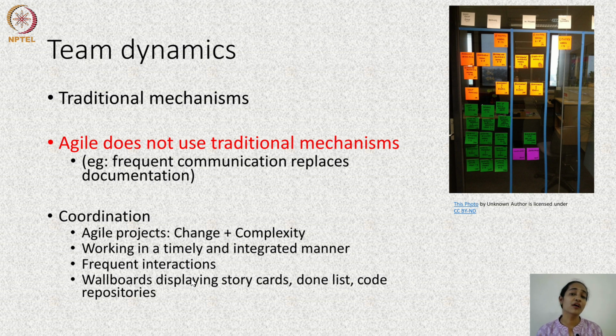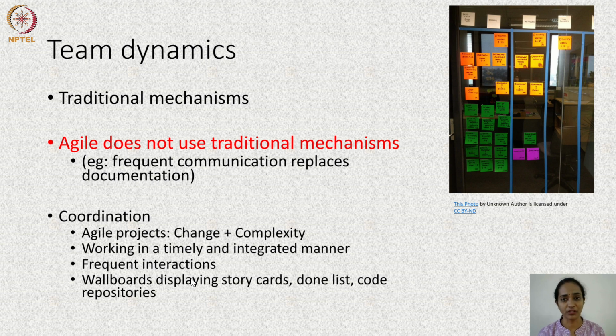They prescribe frequent interactions among the team members so that they can exchange important information with one another. Agile also prescribes certain tools and techniques to ensure that team members can quickly look at these tools and identify where they are in terms of teamwork and task work.